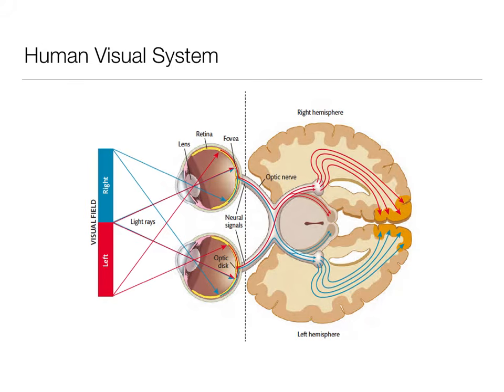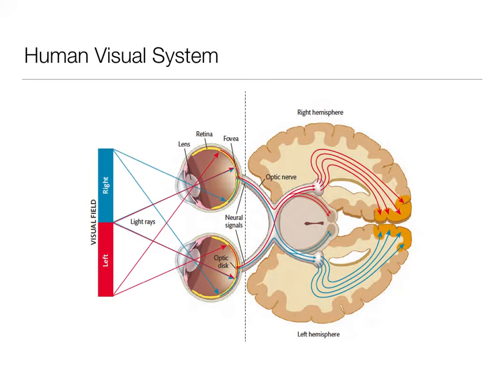If you've ever heard that the information on the left side of your body goes into the right side of your brain, and the information on the right side of your body goes into the left side of your brain, we talked about that briefly in our brain chapter, that hemispheric specialization, that lateralization. It is true. In the case of vision, however, it's not that your left eye goes into your right brain and your right eye goes into the left side of your brain.